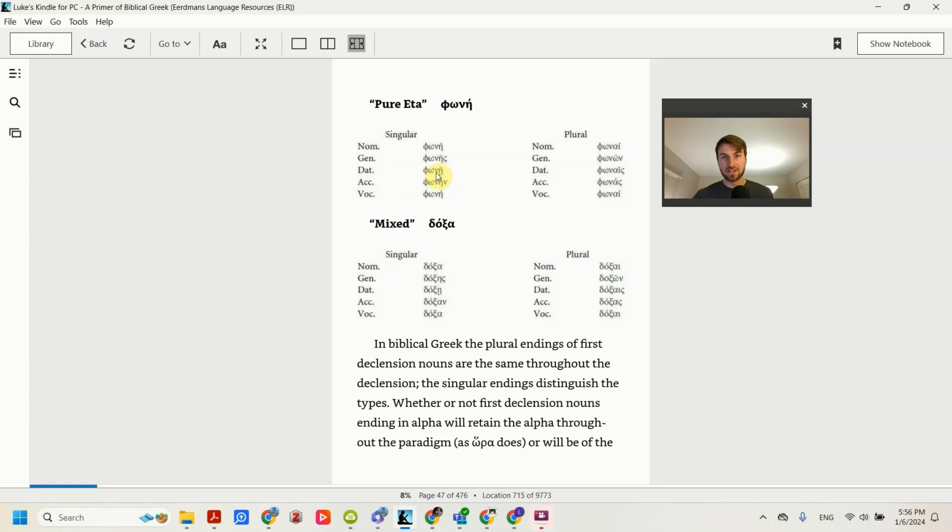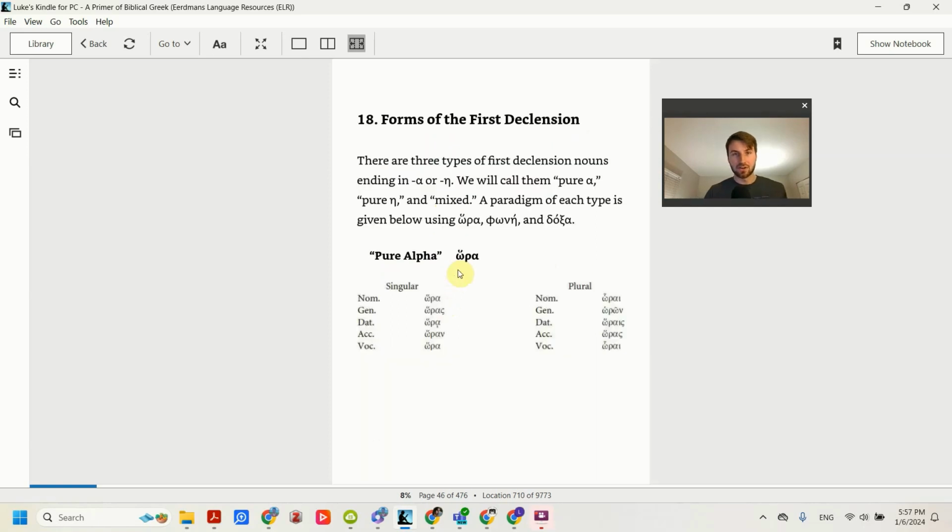This is a giveaway for datives. You can see the iota subscript there and there. And then in the accusative, you can see the nu there and there. And then vocative is the same as the nominative in both of those. If I go back up to the pure alpha, you can see the same. No ending in the nominative, sigma in the genitive, iota subscript in the dative, nu in the accusative, and the vocative is the same as the nominative.